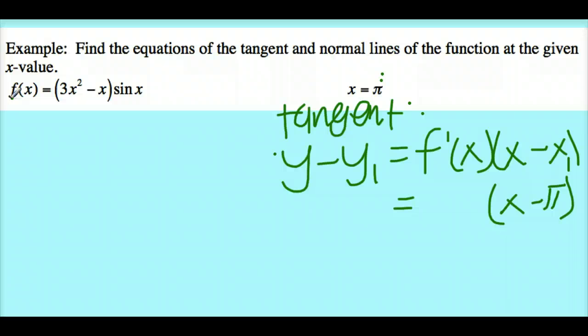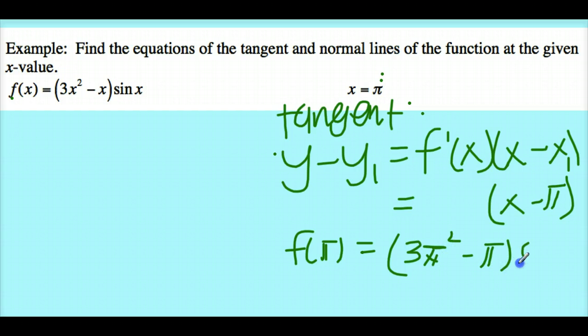If I plug that in, let's do it right here in the bottom, I get f of pi is equal to 3 pi squared minus pi times sine of pi. If you just remember what the sine of pi is, the sine of pi is equal to 0.